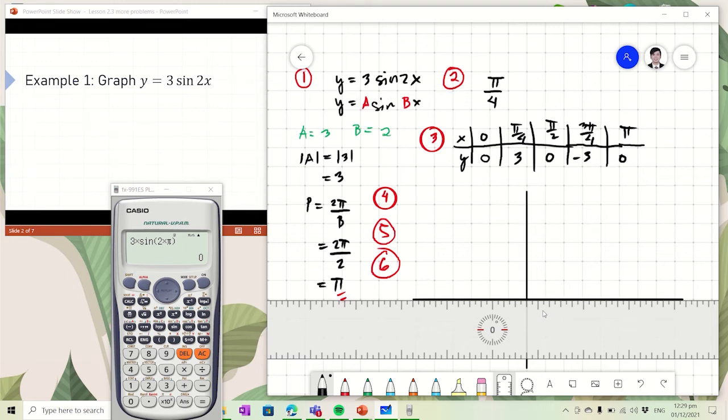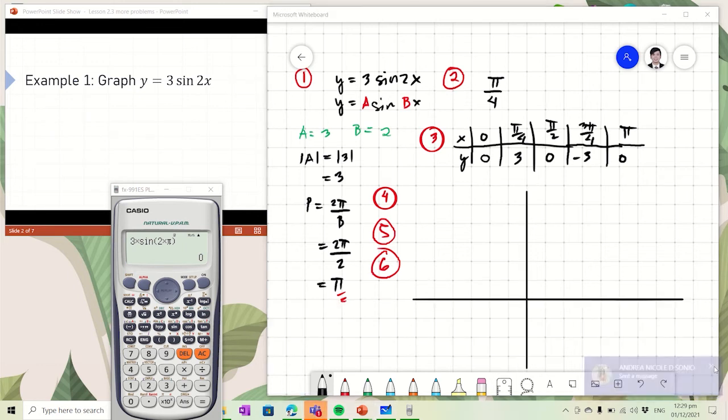And then, this is the time that you will label. So, start tayo dito. Pi over 4. And then, next would be pi over 2. Next would be 3 pi over 4. And then, next would be pi.